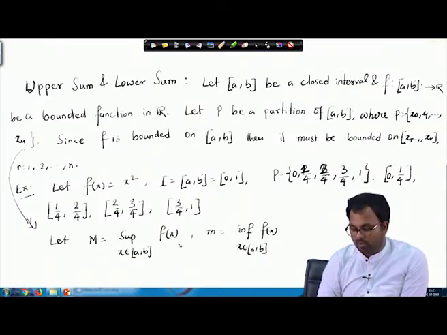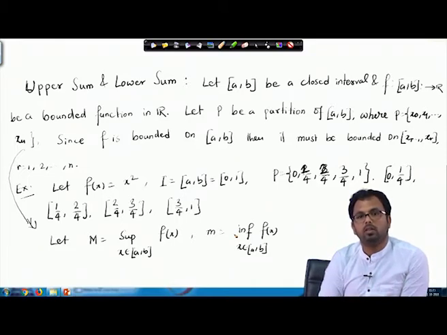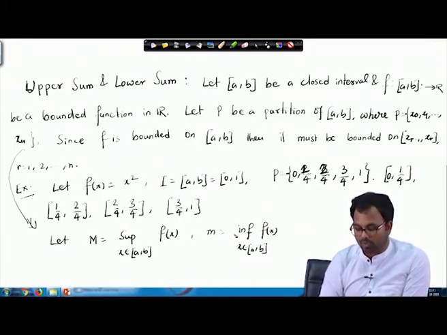So, this supremum and infimum are the upper bound and the lower bound for this function f(x) on the interval [a, b].